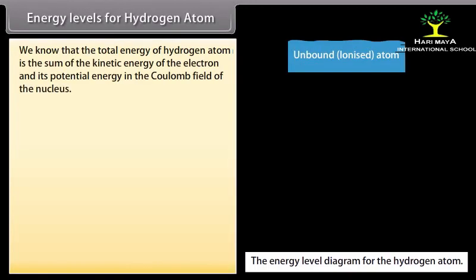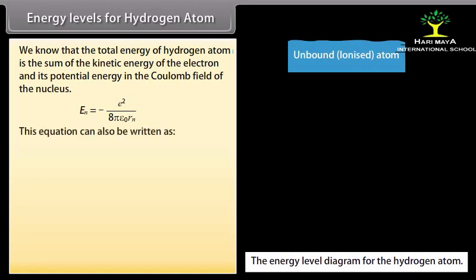Energy levels for the hydrogen atom. We know that the total energy of the hydrogen atom is the sum of the kinetic energy of the electron and its potential energy in the Coulomb field of the nucleus. En equals minus e square upon 8 pi epsilon naught Rn.